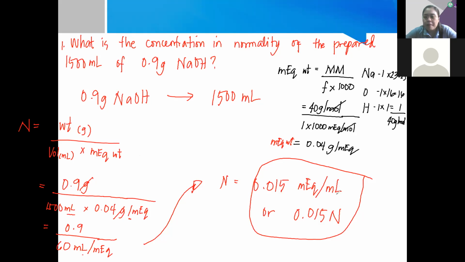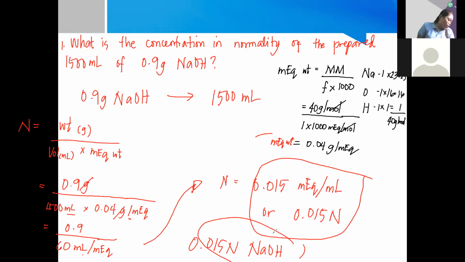Pero MEQ per ml is equivalent to capital letter N. So this is now the concentration of the prepared solution of the sodium hydroxide. So pag after mo i-prepare, pwede na siya i-label 0.015 N NaOH. So pwede mo na ito ilagay sa label. That's how you compute for the concentration in normality of the prepared solution.